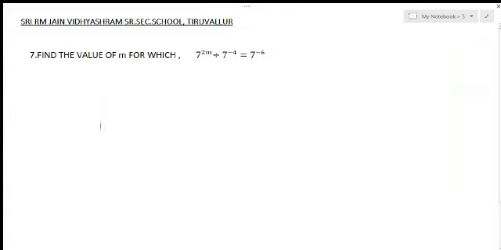Find the value of m, for which 7 power 2m divided by 7 power minus 4 equal to 7 power minus 6. So we know that a power m divided by a power n equal to a power m minus n.